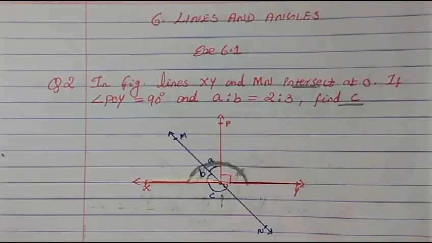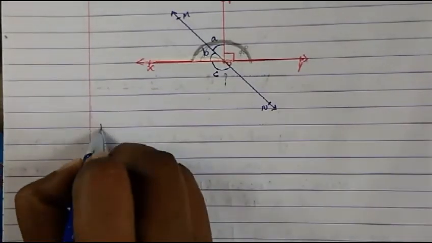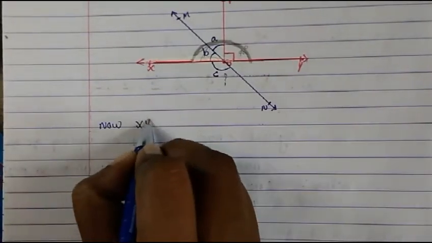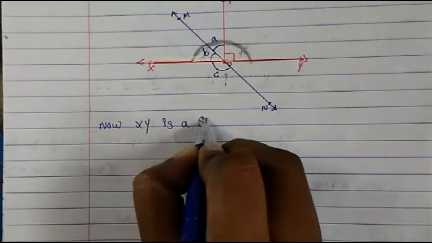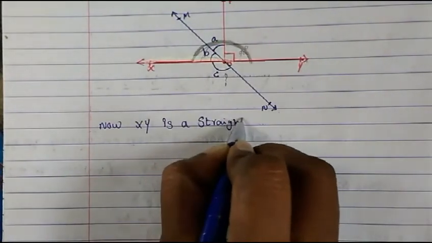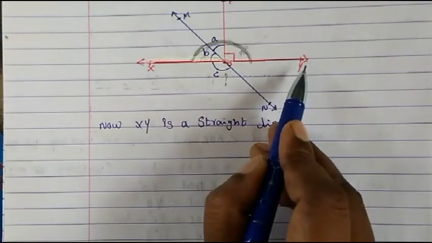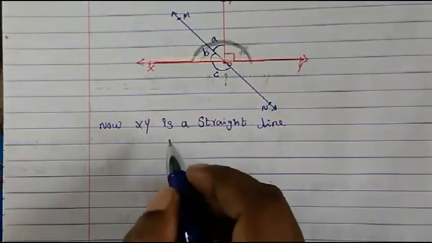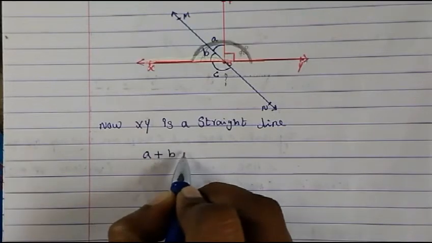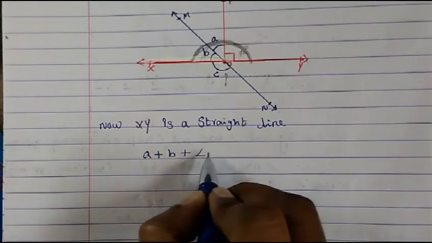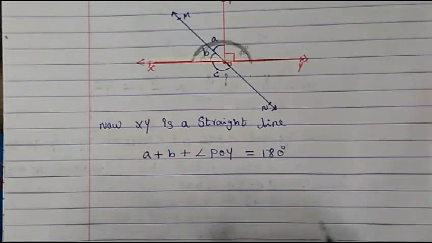So XY is a straight line. Therefore a plus b plus angle POY together will be 180 degrees.